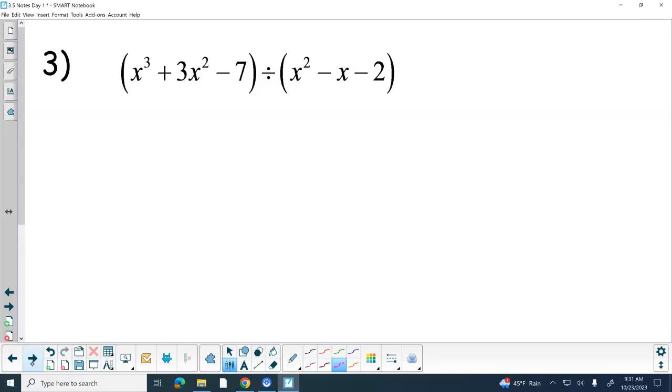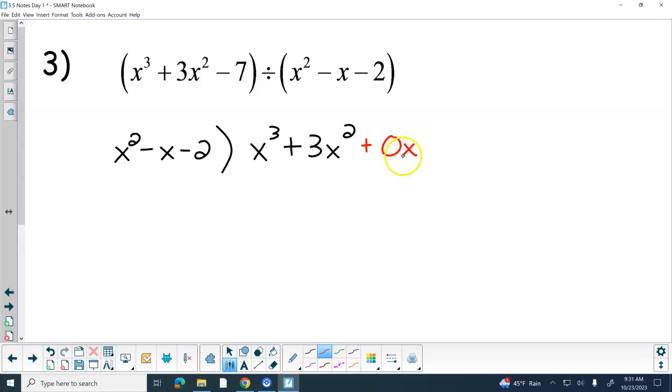Okay? So once again, what comes after the divide goes out in front. What comes before goes inside, making sure that whatever exponent you start at, you have all of the rest of them, and then finish off with a constant.